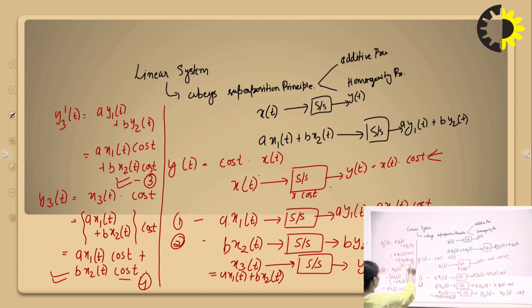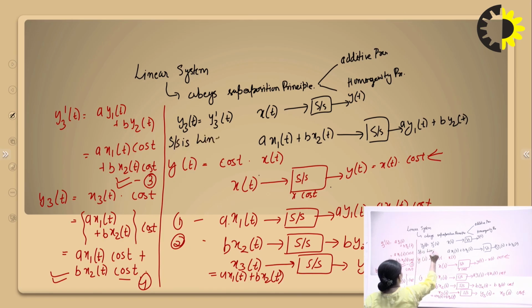Since these equations are equal, y3(t) equals y3 dash t. That means our system is linear. This is how we can say that a system is linear.